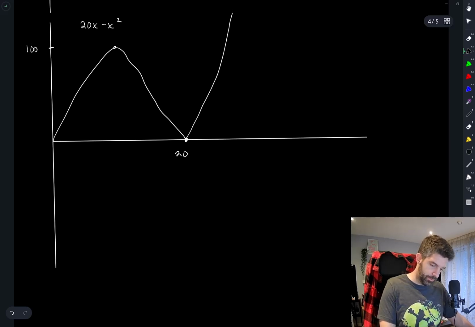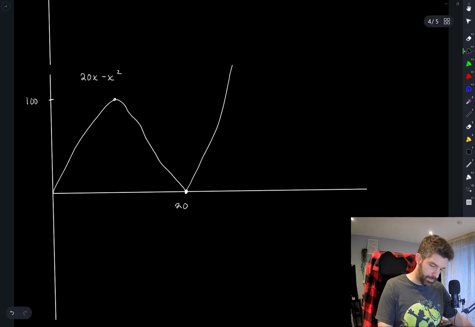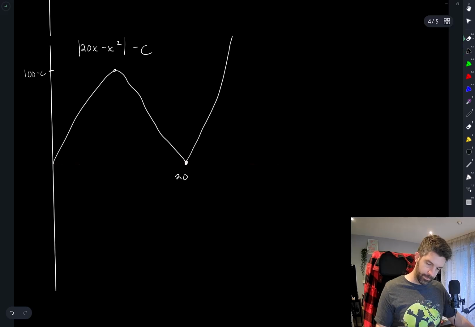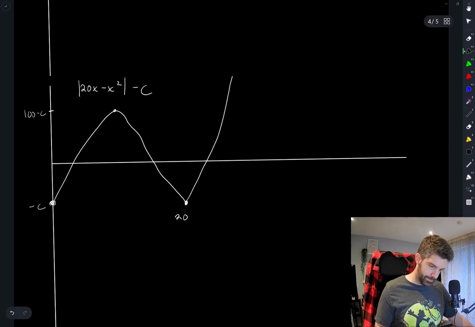Now if I plot this, well, that here, that's the thing in absolute value. Now if I plot this in absolute value minus c, this peak is at 100 minus c. This axis just moves up like that. That point is negative c. Okay, that's good.